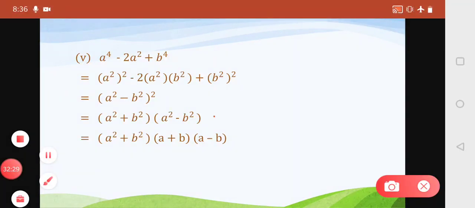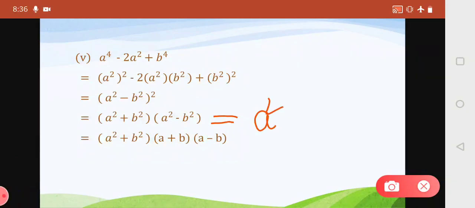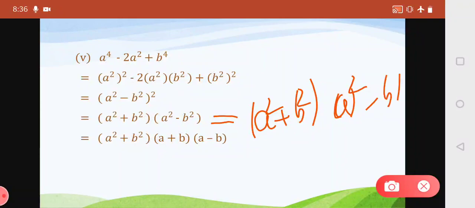Or you can add one step here, writing a square plus b square as it is, and then a whole square minus b whole square, and then further you will get the step a square plus b square into a plus b into a minus b.